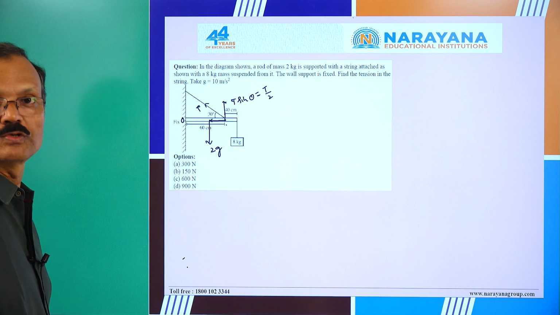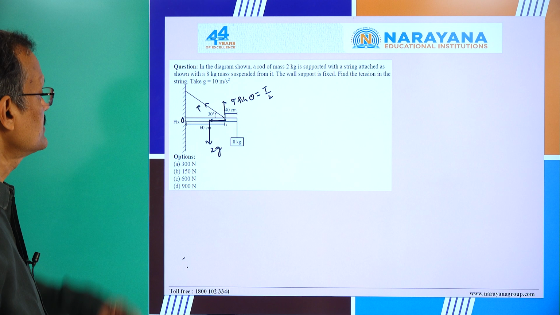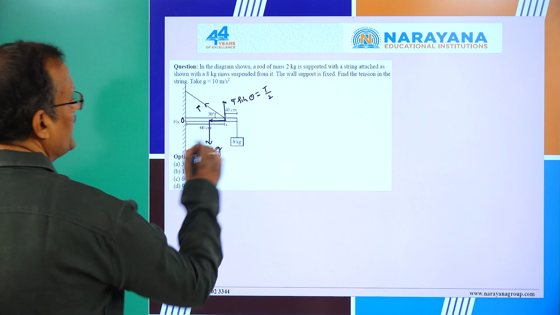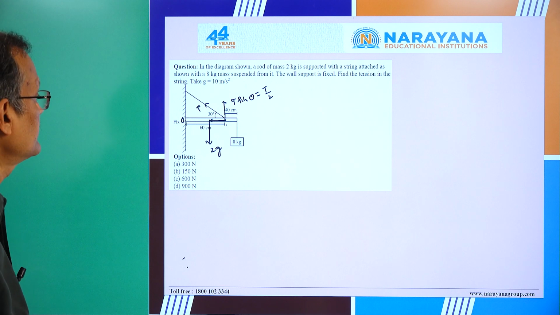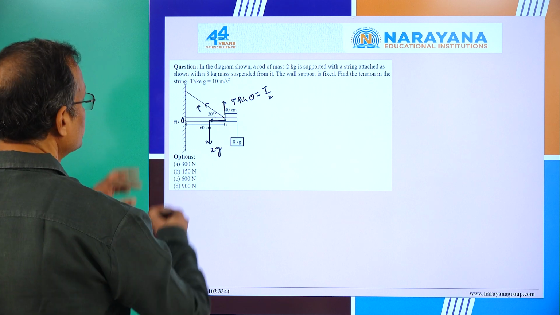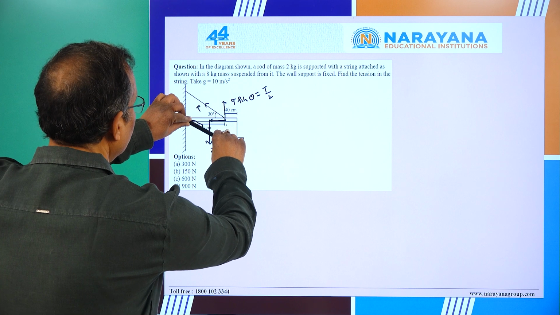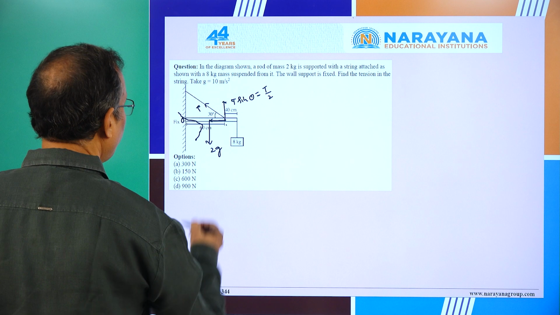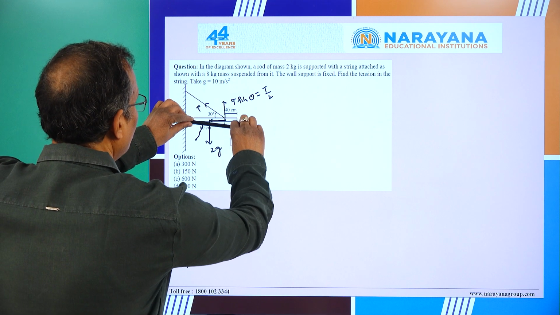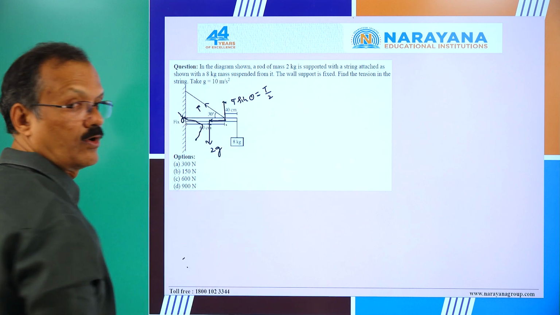You have only 3 forces for which you can take torque about O. One is 2g, other is 8g, and third is T sin theta, that is T sin 30, that is T by 2. This one, if you take this scale, you are fixing it here, you will apply force, the torque will be acting in clockwise direction, right? For this also, torque will be in clockwise. Here, torque will be acting in anti-clockwise.